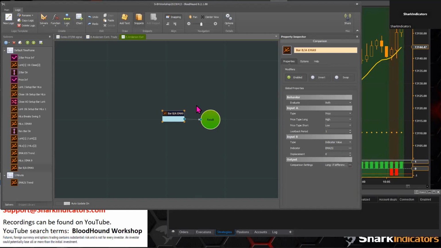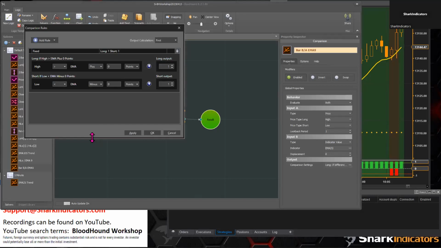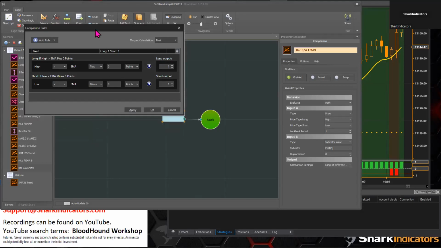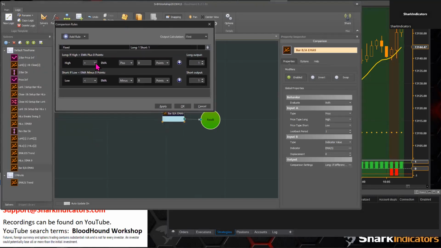Let's make sure the rules for this comparison solver are set up. The high price needs to be, for a long output, greater than the EMA.